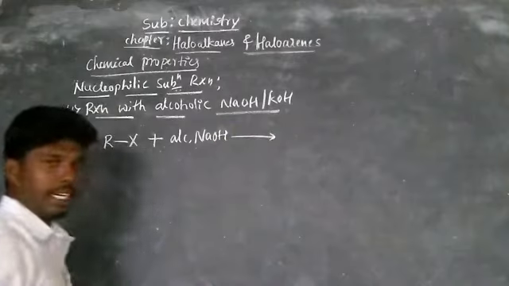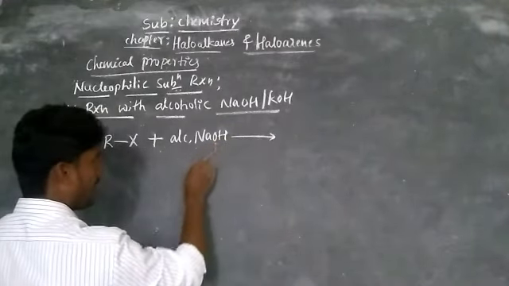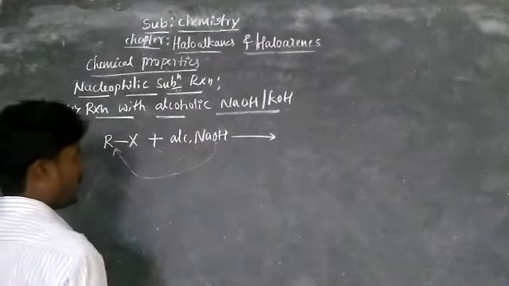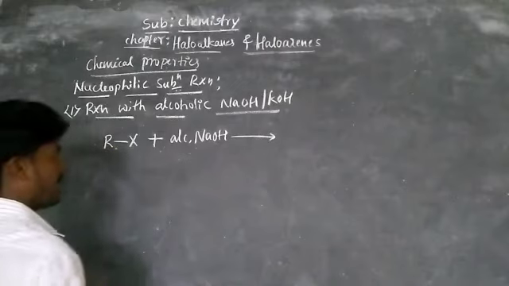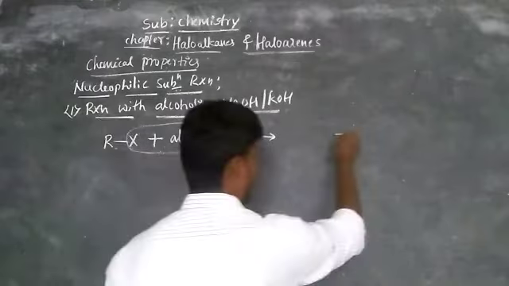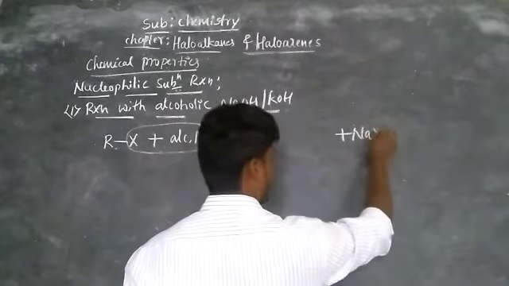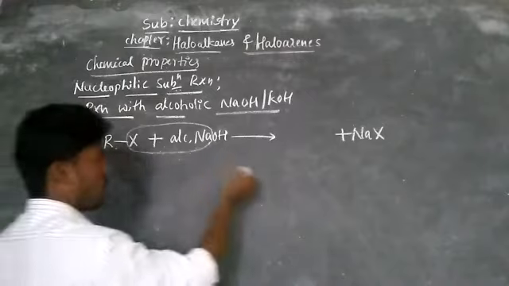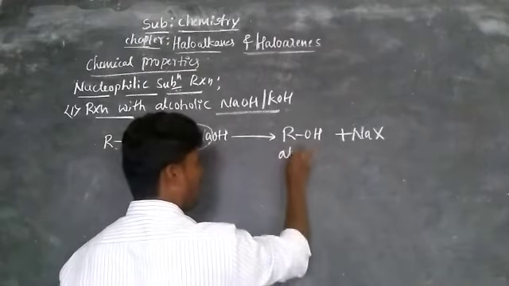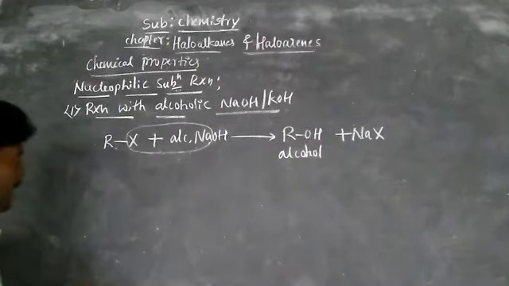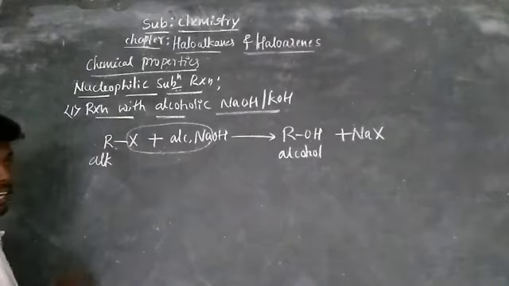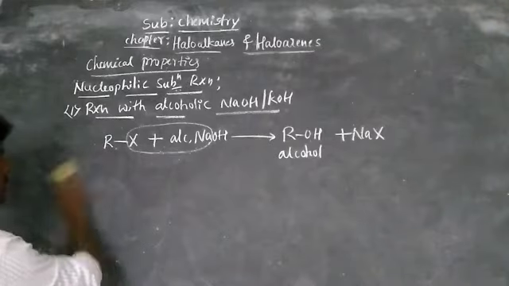The Na gets attached to the halogen, and Na and X become NaX, and R and OH become ROH. This ROH is the general representation of alcohol, and this RX is the general representation of alkyl halide, which are also called haloalkanes.